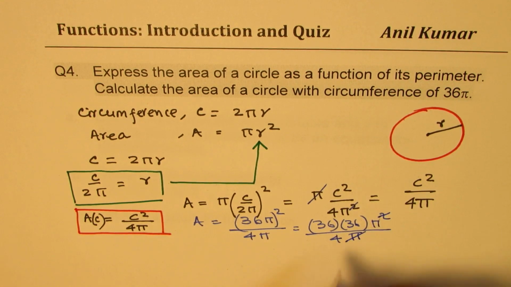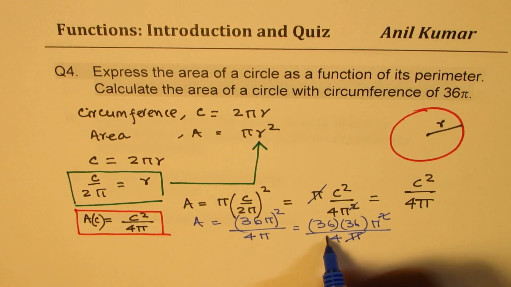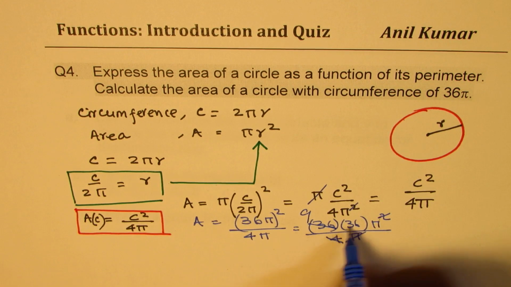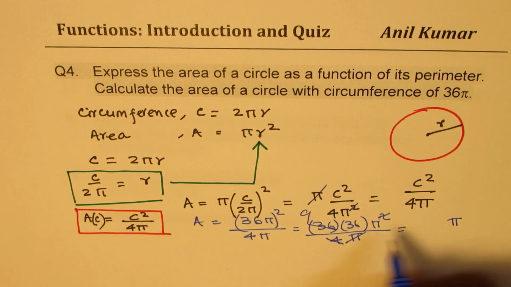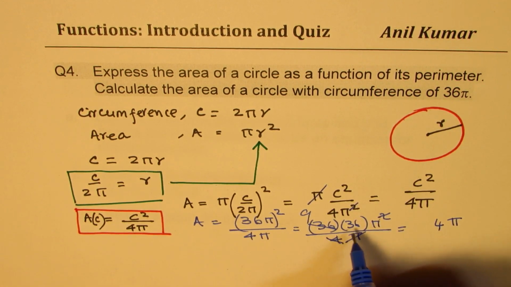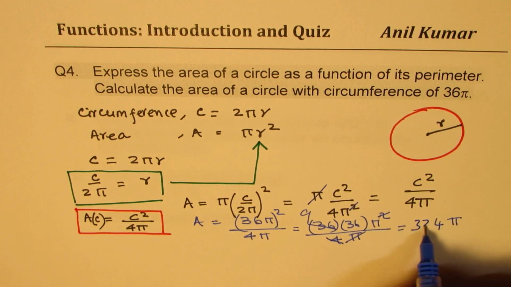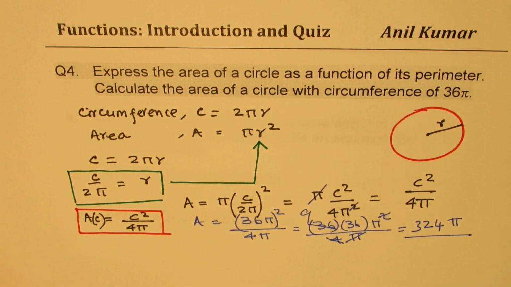So the pi, one of them cancels, and you can cancel this with 9, multiply 9 with 36 to get your answer in terms of pi. So that will be the exact value, right? So 9 times 6 is 54, 5. 9 times 3 is 27, and 5 is 324 is your answer. Correct? So that is the answer for part B. Is that clear to you? So that is how we could answer such a question.